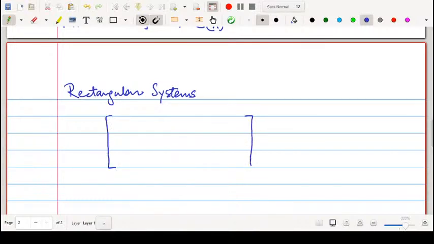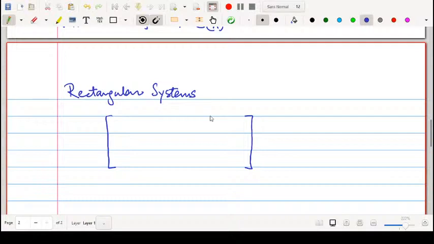Okay. So now we're also ready to talk about rectangular systems, right? Rectangular systems can come in two varieties. The first variety is when you have lots of columns.